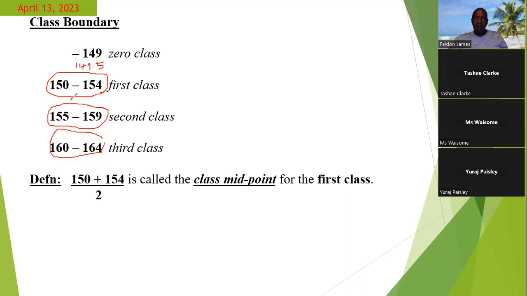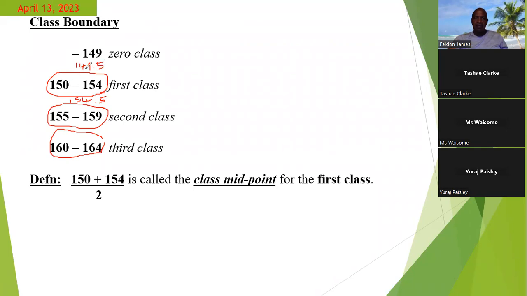Down here would have 154.5. Right? So this boundary value separates the first class and the second class. This boundary value separates the class above and the first class.